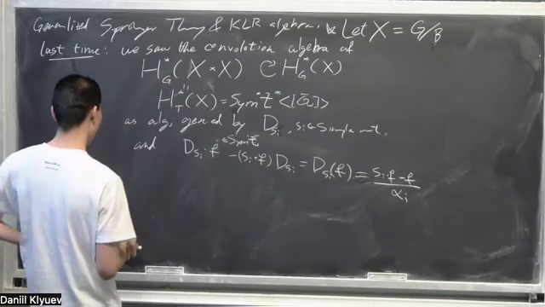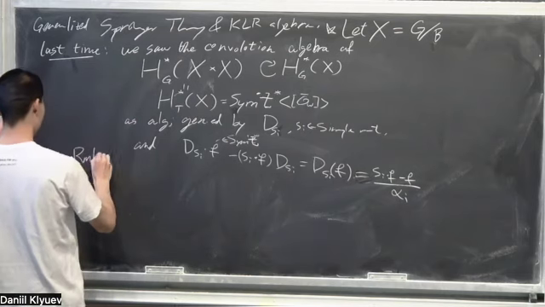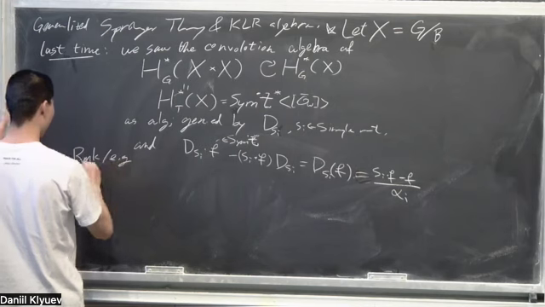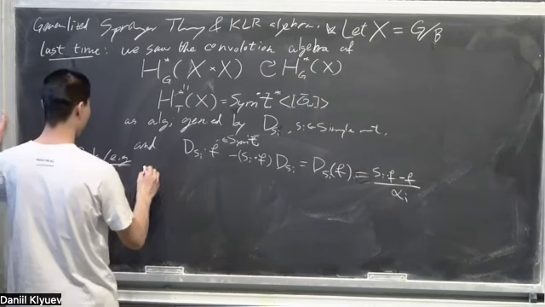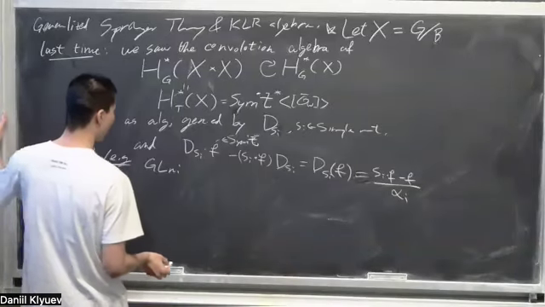And let me just make a remark slash example that will become motivated later, which is the case of GL_n.